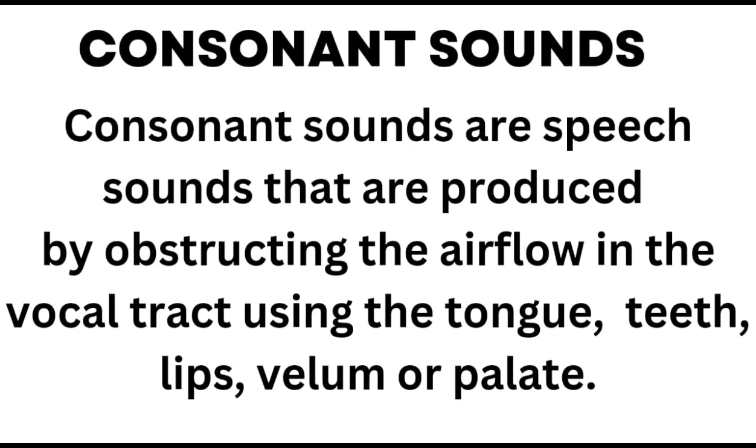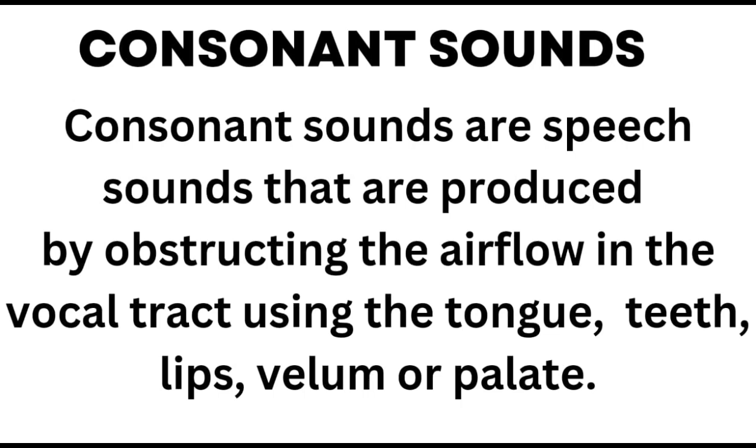We established that consonant sounds are produced whenever there is an obstruction in the airflow in the vocal tract, either with the tongue, the teeth, the lips, the velum, or the palate. Whenever there is some level of obstruction, any sound we produce at that time is going to be a consonant sound. So, consonant sound production is characterized by obstruction of airflow.